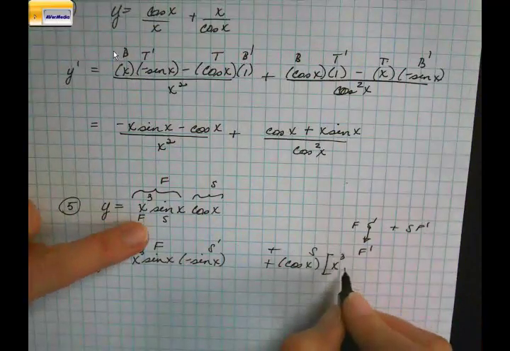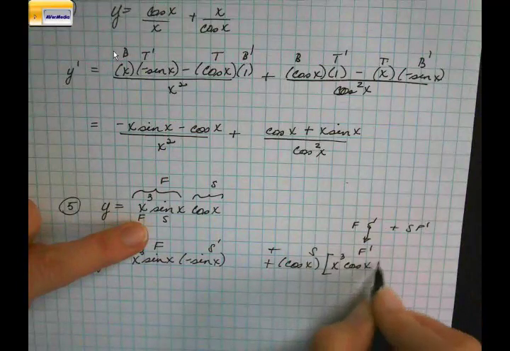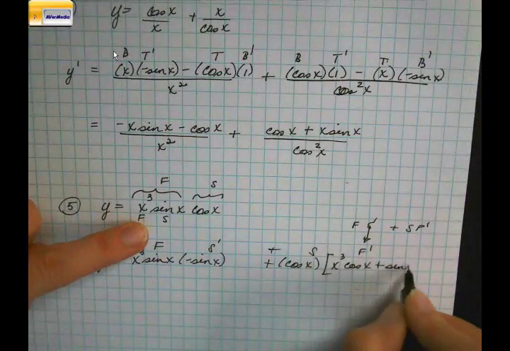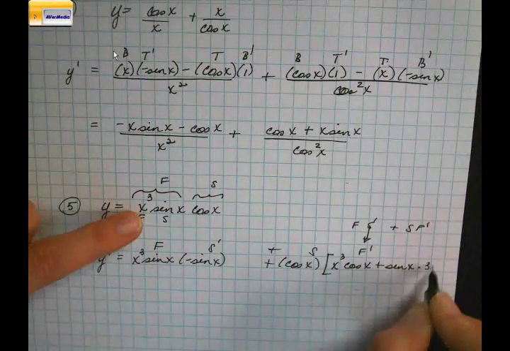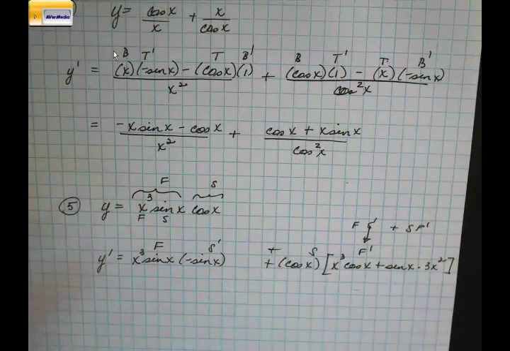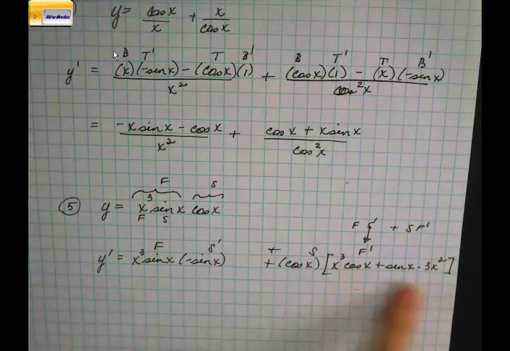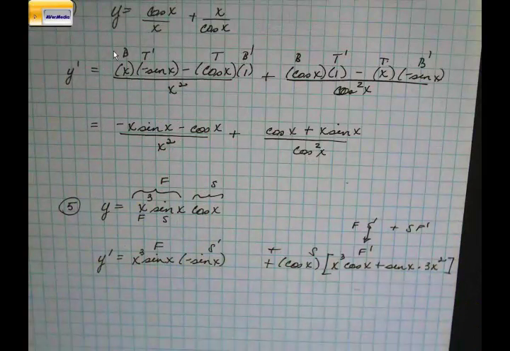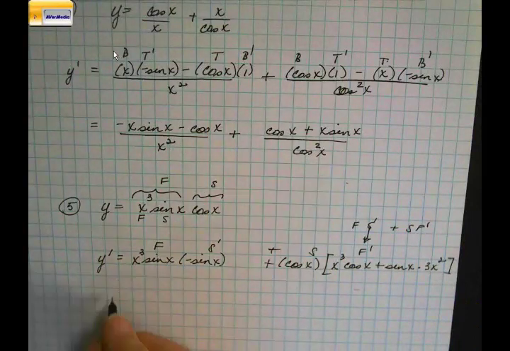So it's x cubed times the derivative of the second, which is cosine x, plus the second, which is sine x, times the derivative of the first, which is 3x squared. So this is the product rule nested inside the product rule of the original function. Okay, so nesting of the product rules.